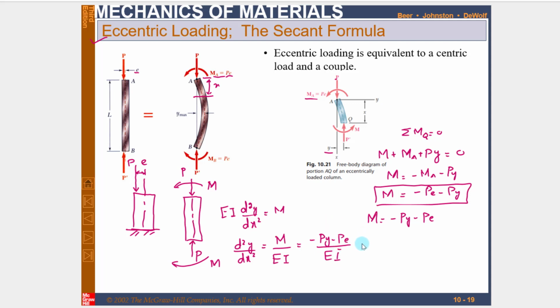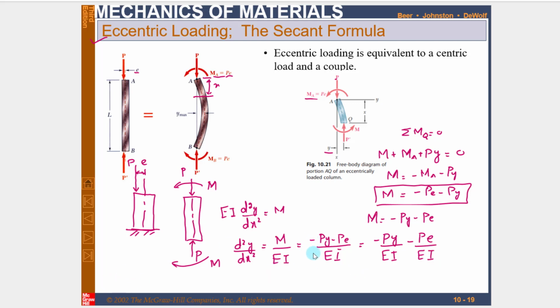So if you further simplify it, it will be equal to minus Py divided by EI and minus Pe divided by EI.